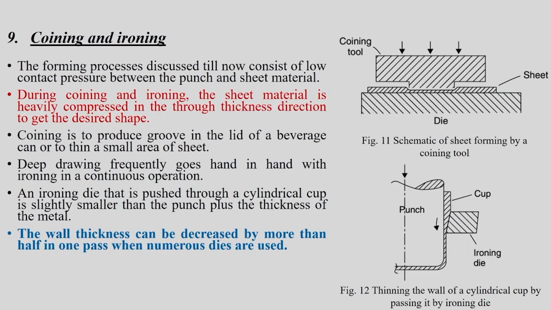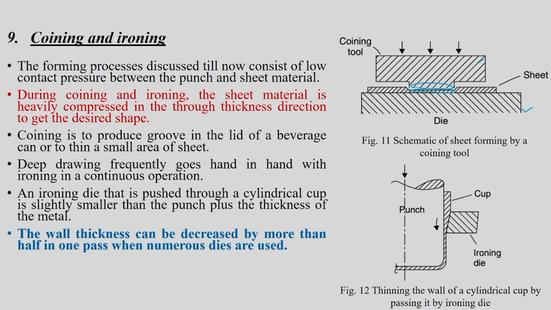Just to complete this particular small chapter, coining and ironing. Coining, as you see in the schematic, there is a sheet and there is a coining tool which has a slight impression over here, and that impression will be put onto the sheet in this region.